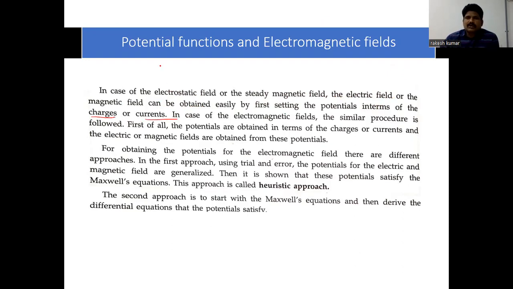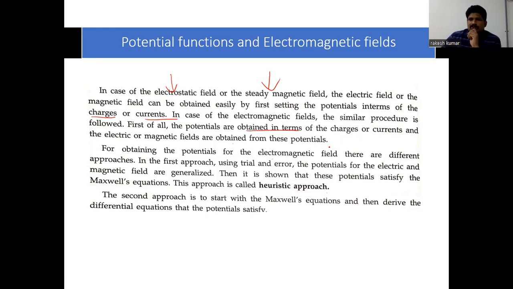But for electromagnetic fields, a combination of both electric and magnetic fields, it is a similar process. First, the potentials are obtained in terms of charges or currents, and the electric and magnetic fields are obtained from these potentials.